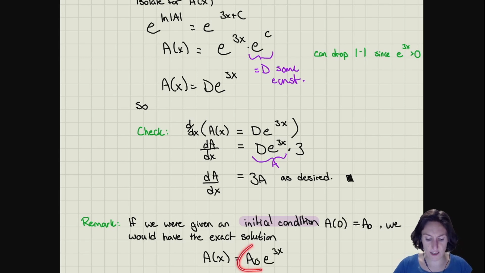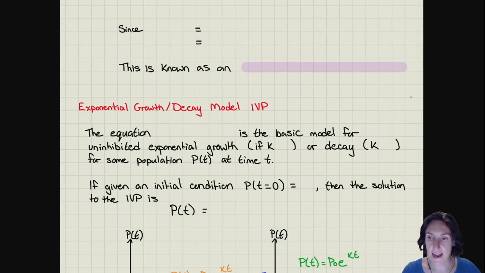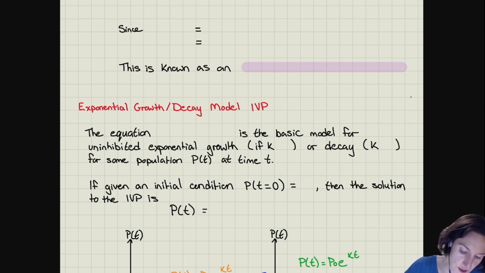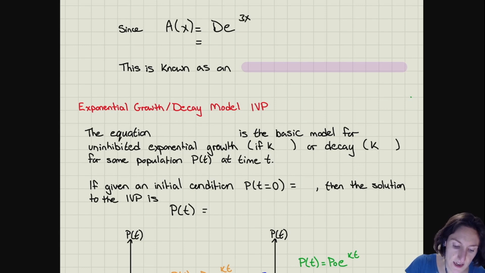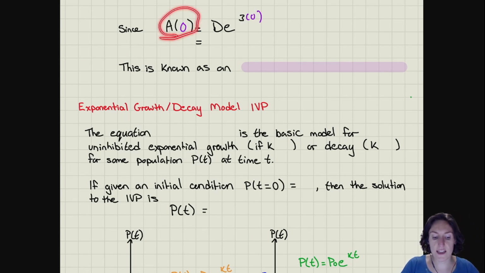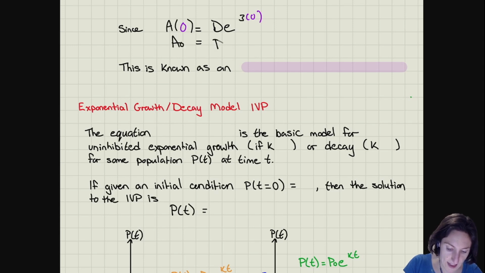Now, why is this the case? Where did I get this from? Well, this is my general differential equation. And if I plug in that initial condition, so a of x is equal to d e to the power of 3x, and say I plug in 0 here, a of 0, I was told the answer is a naught, and e to the power of 0 is just 1.